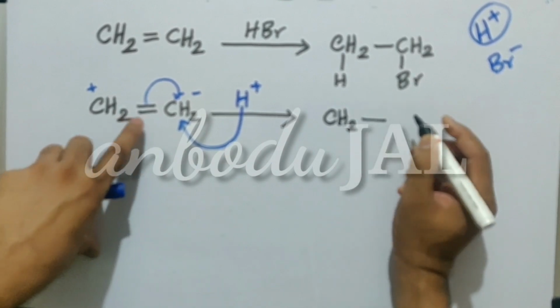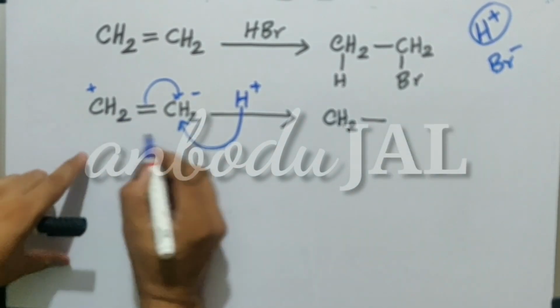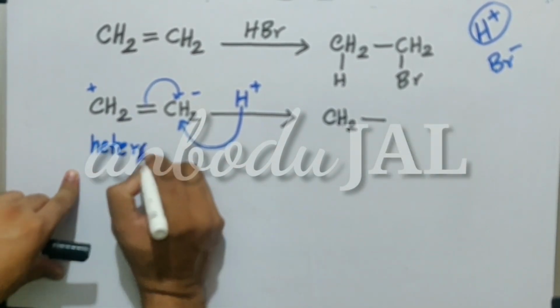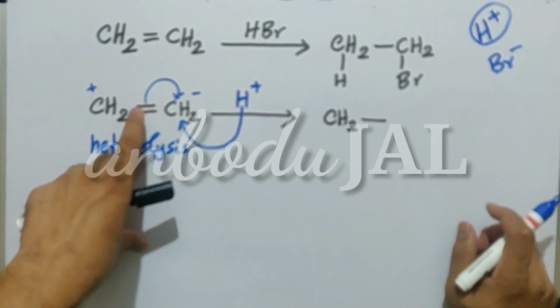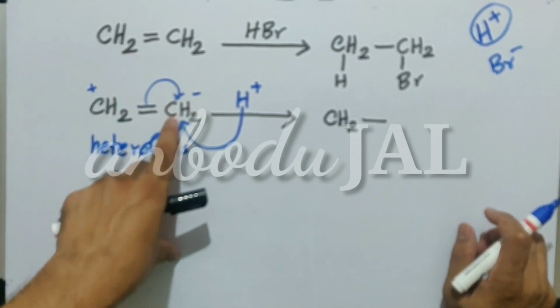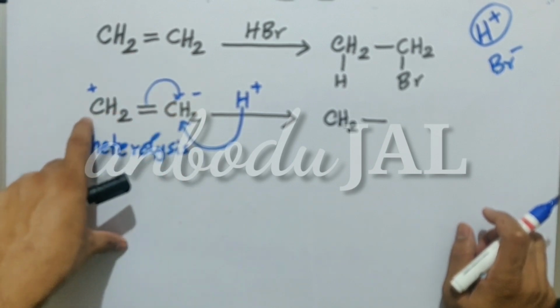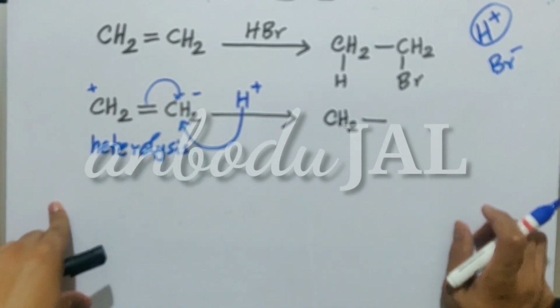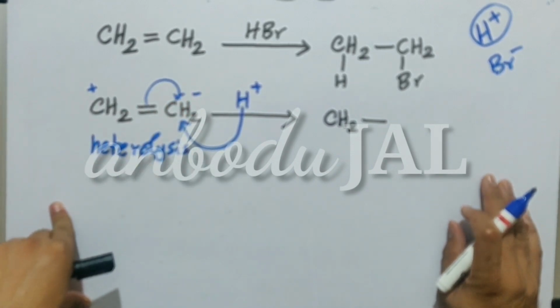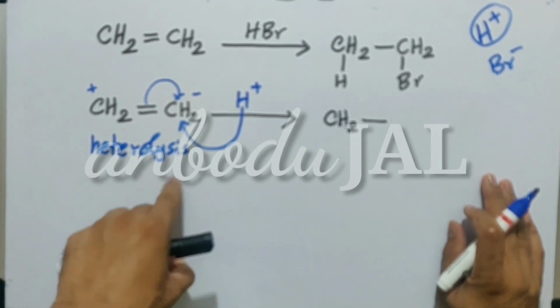This bond is broken due to heterolysis. What is heterolysis? The electron pair is completely shifted towards this carbon, this carbon gets a negative charge, and the other carbon gets a positive charge. That type of covalent bond fission is known as heterolysis.